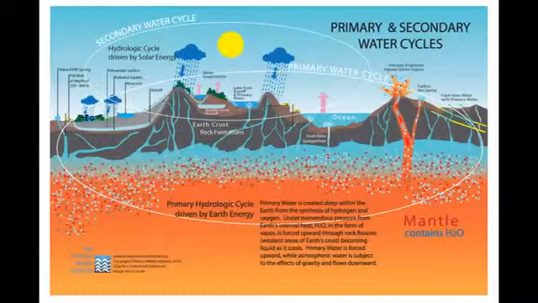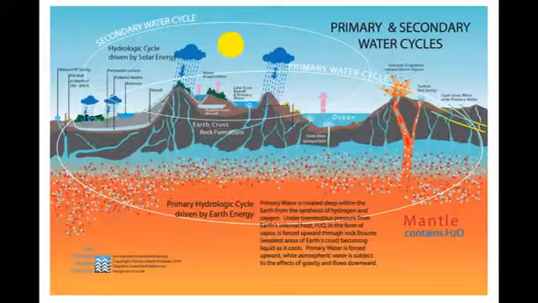So all of the containment of water on the surface, such as the oceans, the reservoirs, and the lakes, are a result of the primary water surfacing, and then it becomes the secondary water cycle.